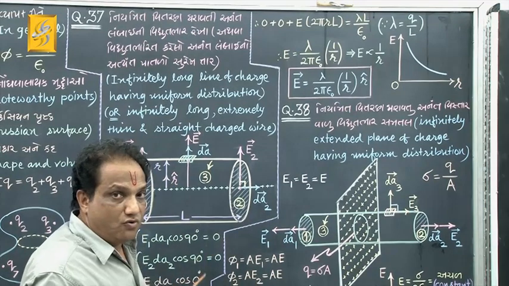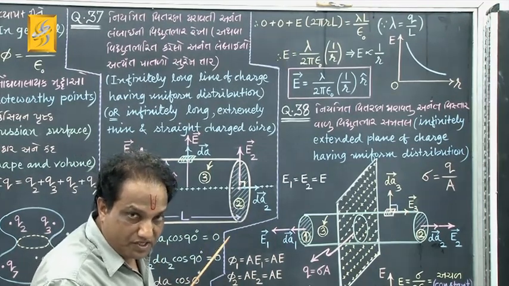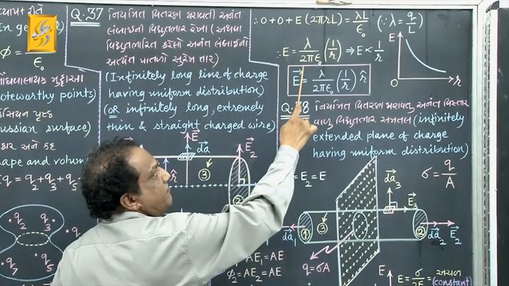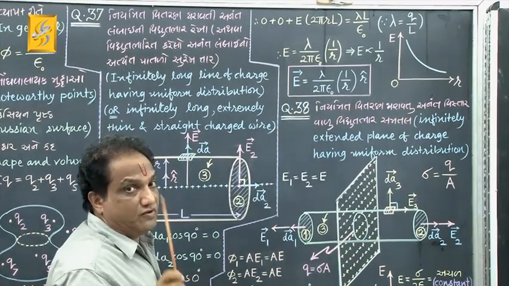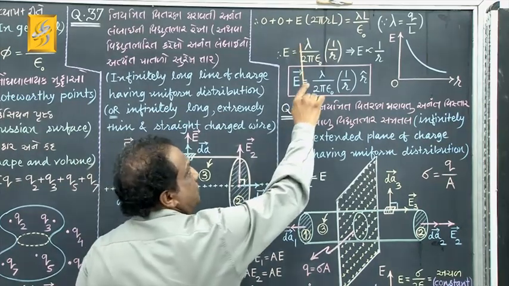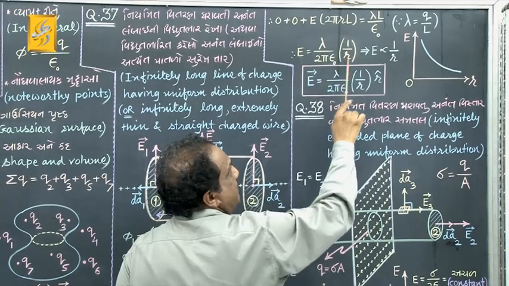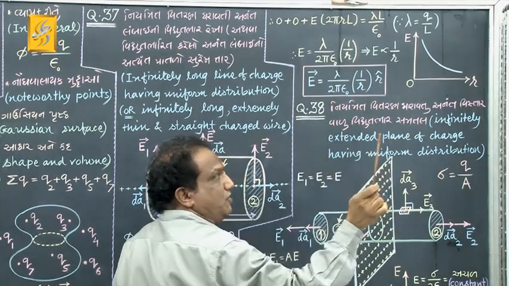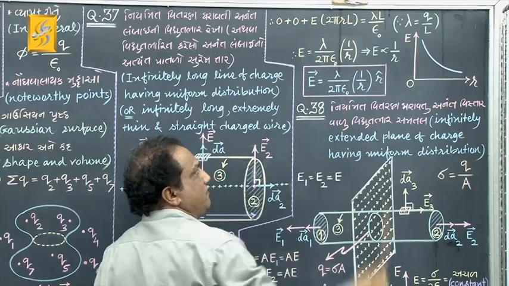If you would like to have the vectorial form of this same result, you can just write vector E instead of E. But don't you know vector equals magnitude multiplied by unit vector. The magnitude is this much, the same magnitude I have written here, multiplied by a unit vector. That unit vector must be in the direction of the electric field.